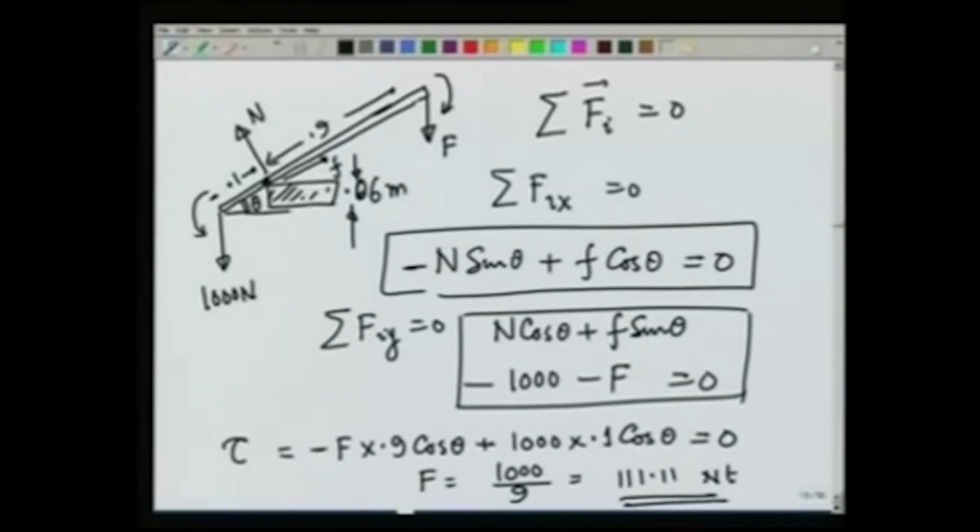If you wish to find what N and F are, those can be found from these equations. You will require sin theta and cosine theta for that, and that you can obtain from this triangle.